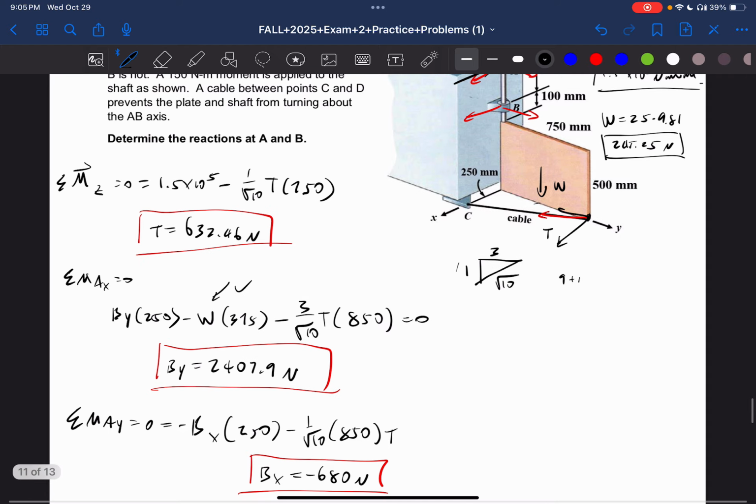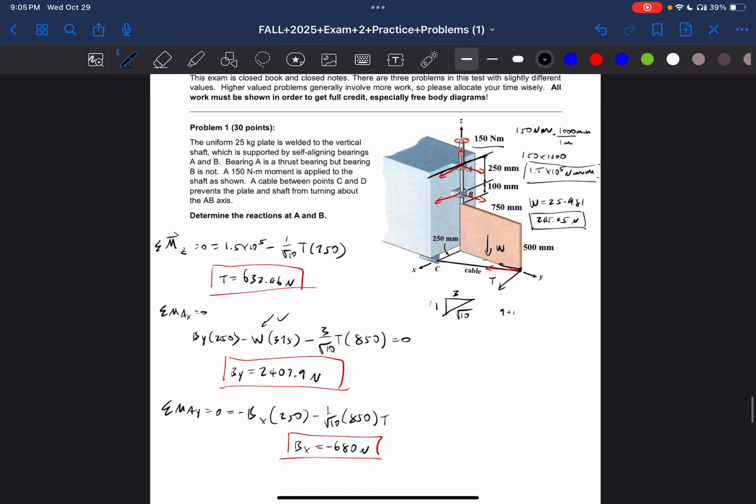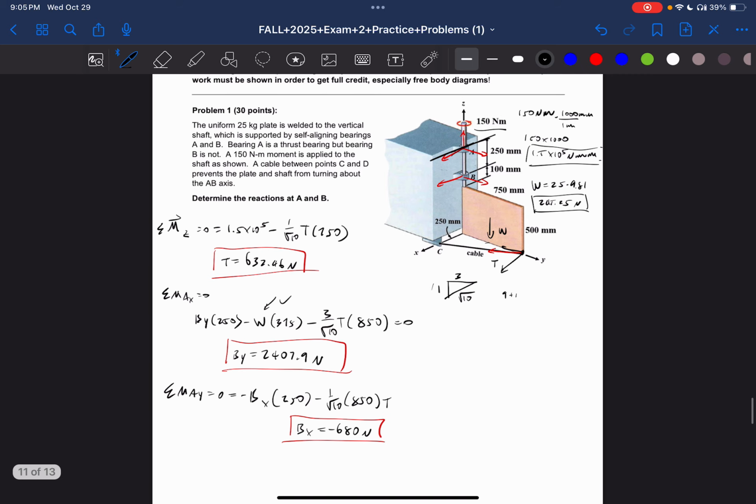Okay, now what shall we do? If we did the sum of the forces in the x direction, Bx is known, so we can solve for Ax.